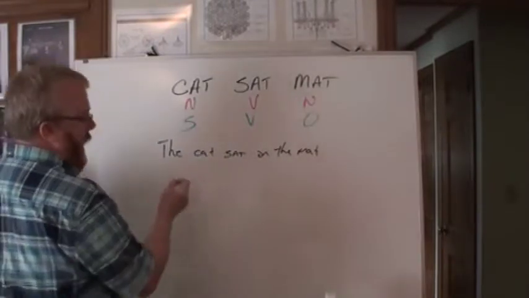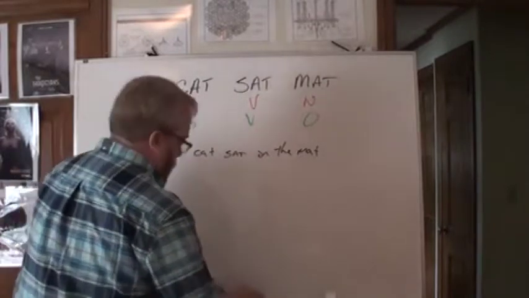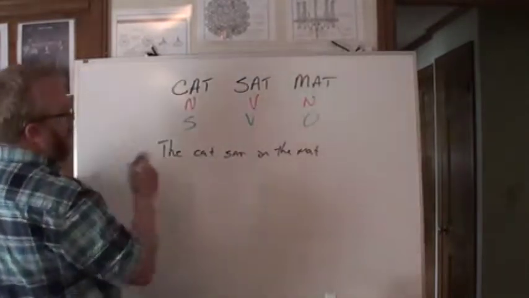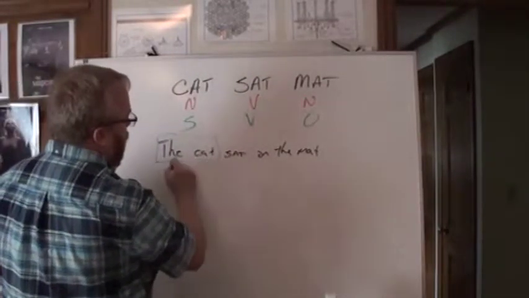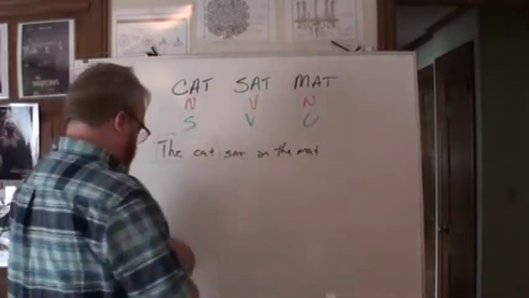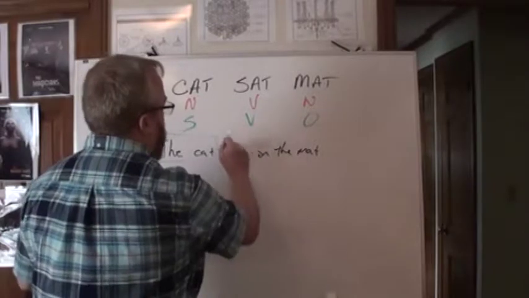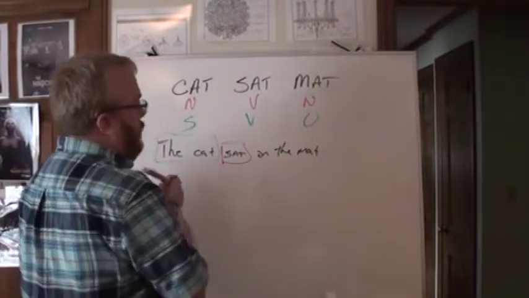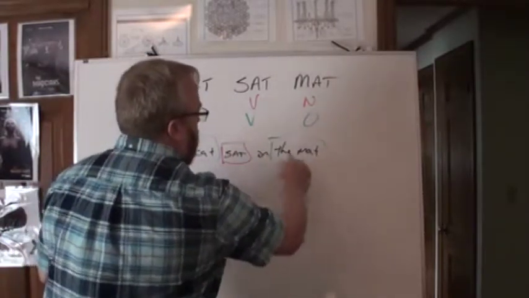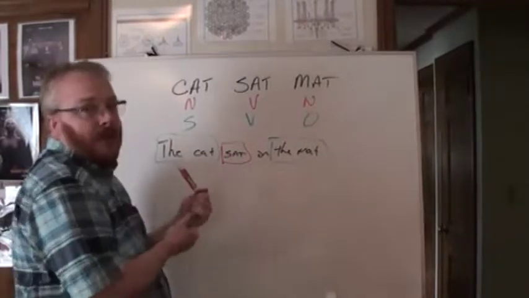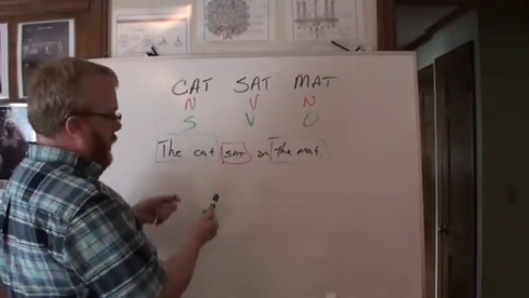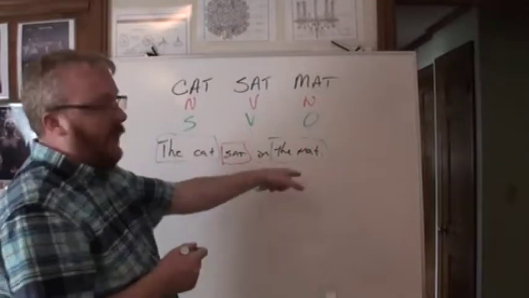And so what we have, and we will go back to colors, is our subject, which is the cat, our verb, which is still sat, and our object, which is the mat.